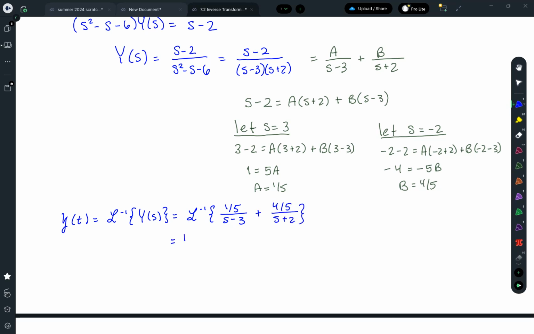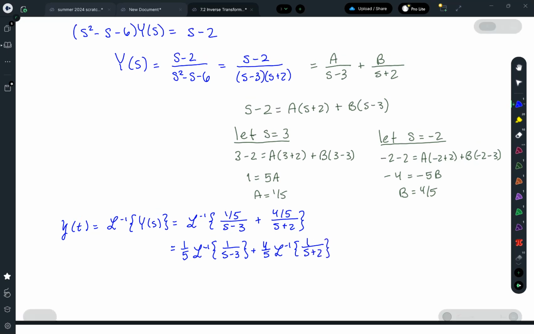And this is just 1/5 times the Laplace inverse of 1 over S minus 3 plus 4/5 times the Laplace inverse of 1 over S plus 2.